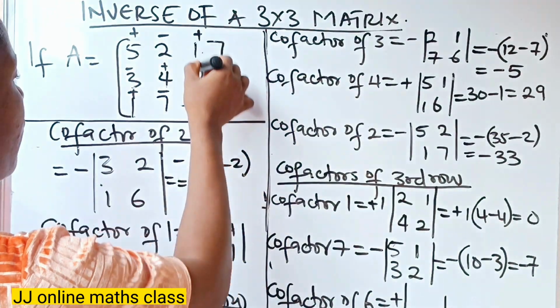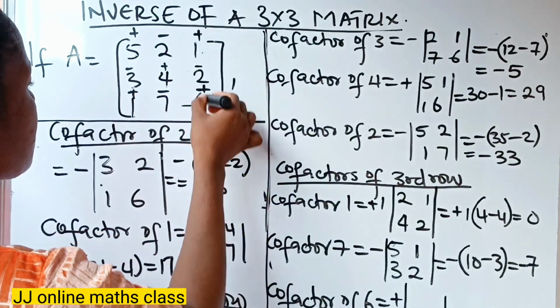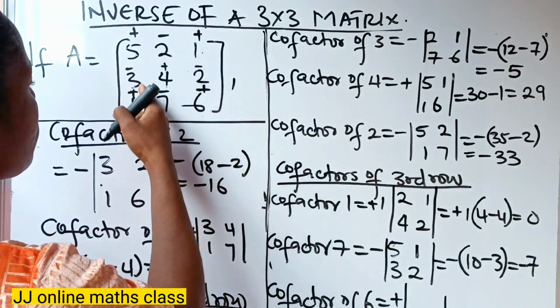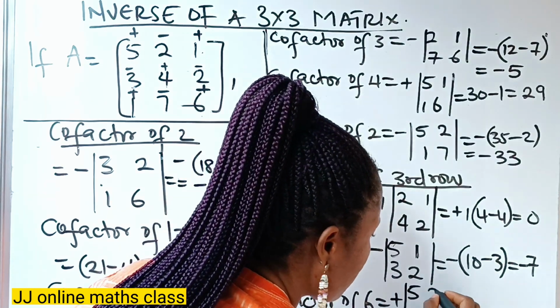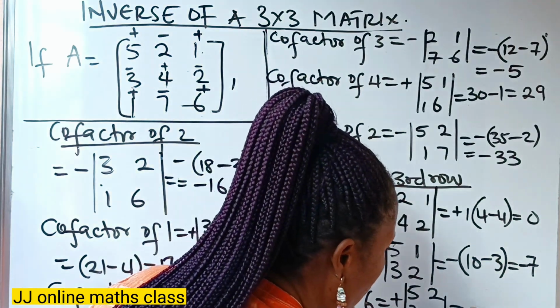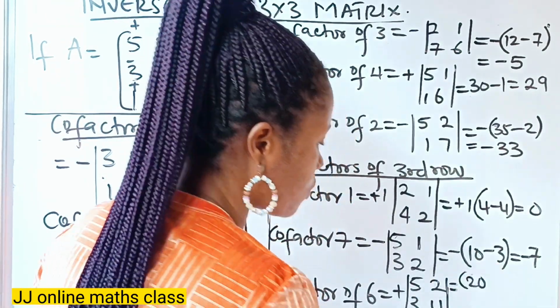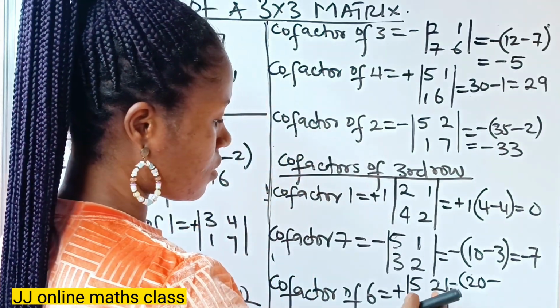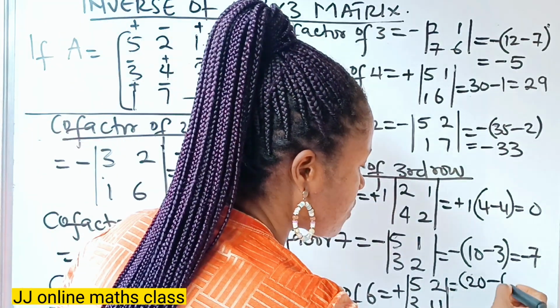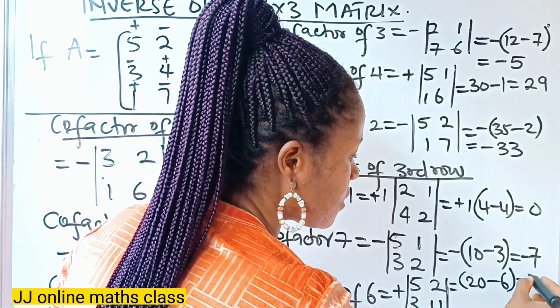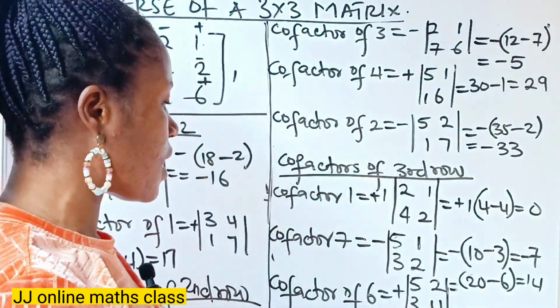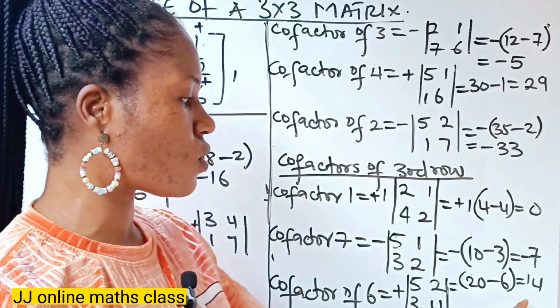So when we cover this vertically and horizontally, we are going to have 5, 2, 3, 4. Now 5 times 4 will give us 20, right? So we are going to have 20 minus 3 times 2 will give us 6, and 20 minus 6 is 14. So it means that the cofactor of 6 is what?